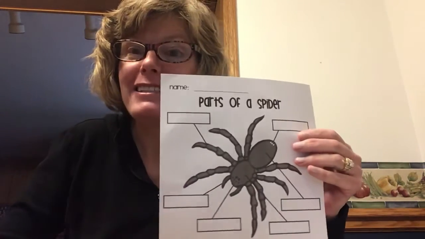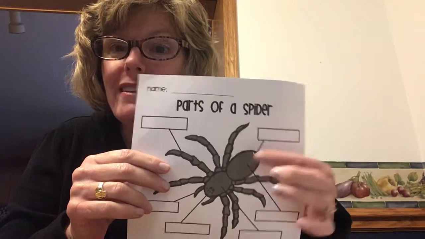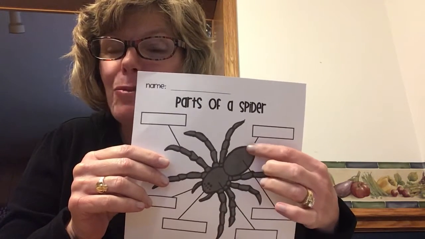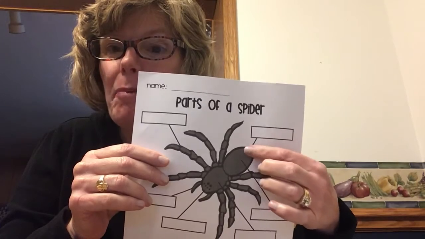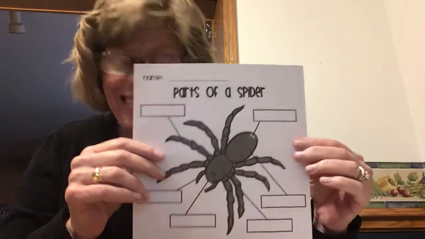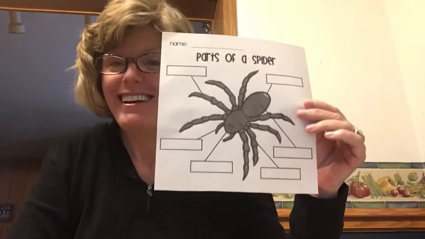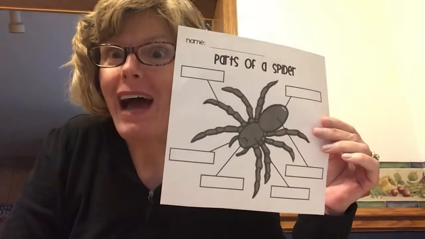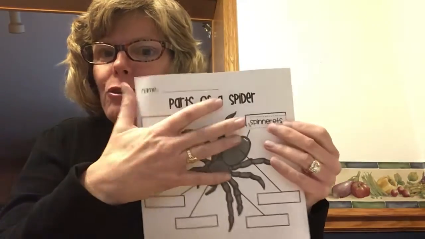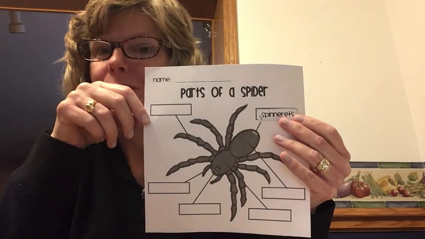How about my next? What's this one pointing to? These little spots right here. That's at the back of the spider on the abdomen. What were those called? Started with an S. Spinnerets. Perfect. I'm going to glue that on there. Spinnerets.